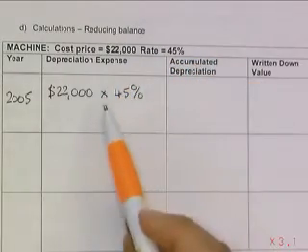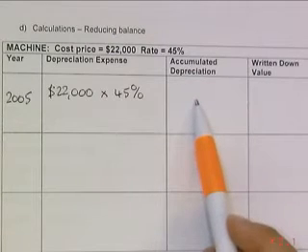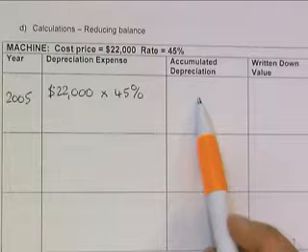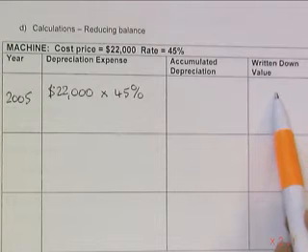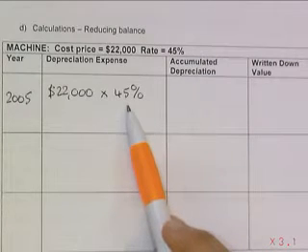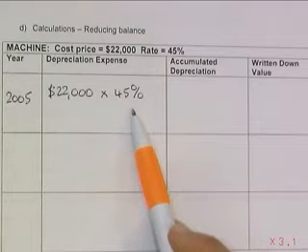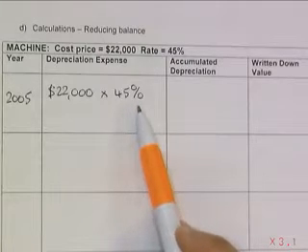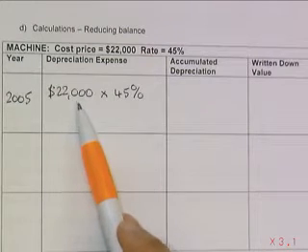In future years, after we've been charging depreciation and therefore we have accumulated depreciation, the actual formula is to multiply the written down value at the end of the year by the rate, in this case 45%. In the first year, as yet, we haven't charged any depreciation, so the written down value is in fact the cost price.